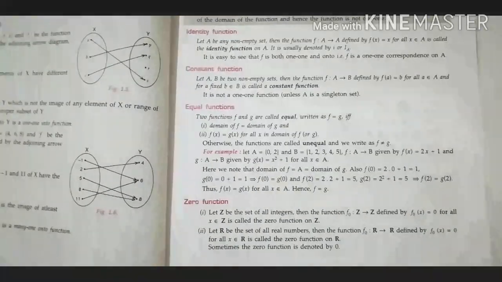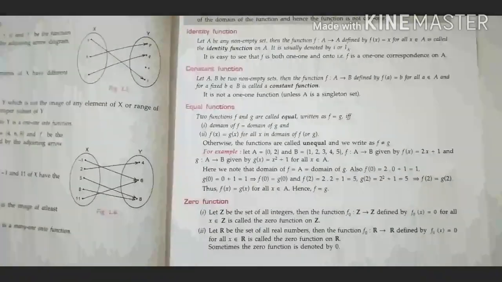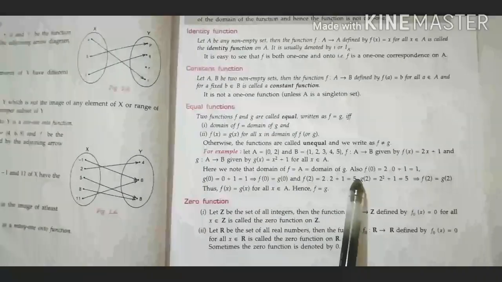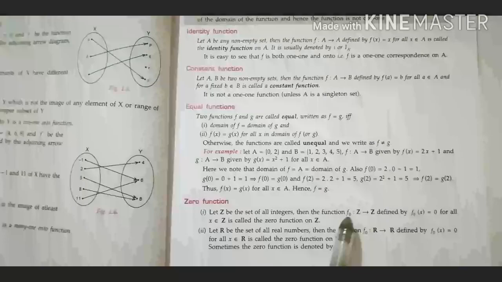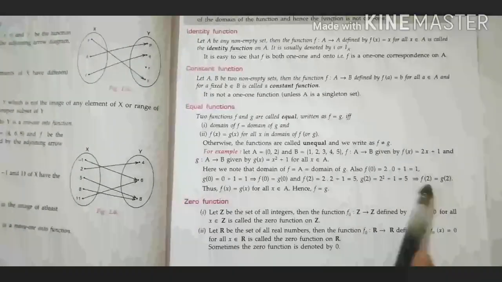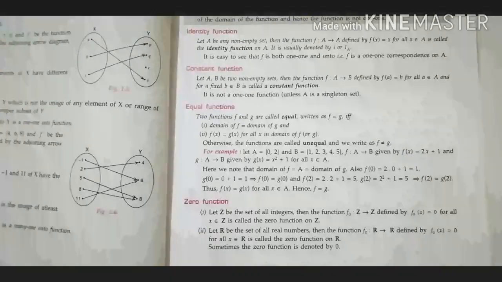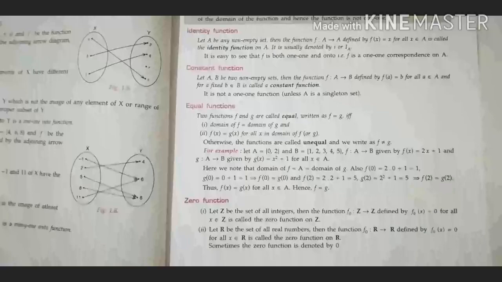And what about f(x) and g(x)? f(x) we get 1 and 5, and g(x) we also get 1 and 5. So we can write f(2) = g(2). That means both the functions are equal.